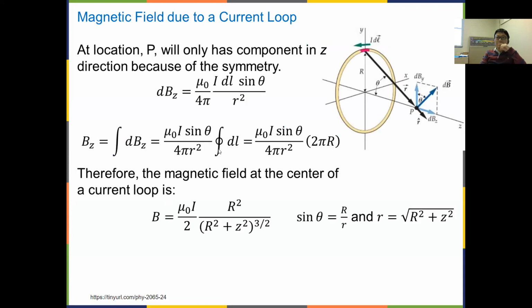Now what if your point of interest is not at the center of the loop, you are somewhere here. The same thing: you take a small dL at the top here. Thumb in the direction of that, and your four fingers curve in the direction of the B field. So the magnetic field from that small portion of the loop will be in this direction.